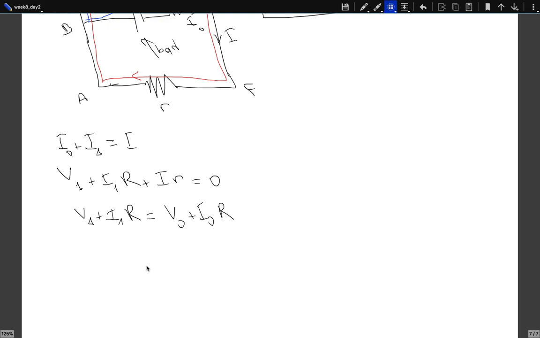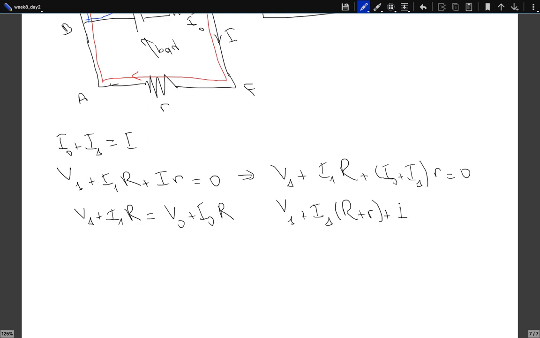Let's do the algebra. Let me use the first equation to write the second equation as V1 plus I1 R plus (I0 plus I1) small r equals 0, or V1 plus I1 times (capital R plus small r) plus I0 times small r equals 0.